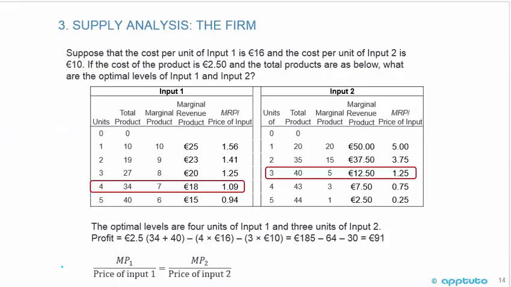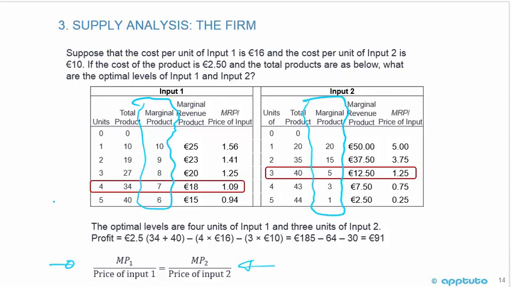We solve that by knowing that to get our optimal levels, we want the marginal product of input 1 divided by the price of input 1 to equal the marginal product of input 2 divided by the price of input 2. So here we're looking at the marginal product, and we divide that by the price of input 1, and here we look at the marginal product of input 2 divided by its price.